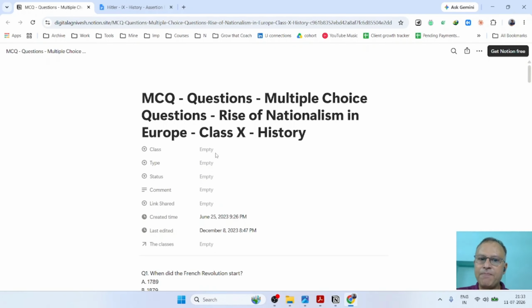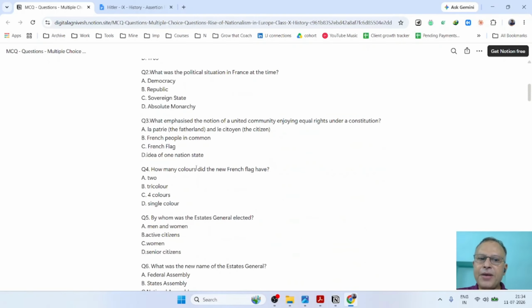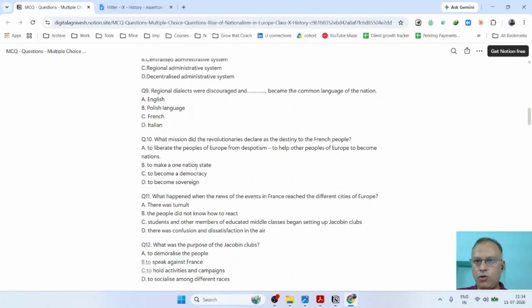Here is one example. It was from last year's class 10, Rise of Nationalism in Europe, class 10 history. I prepared the MCQs like this. I have a treasure trove of MCQs of each chapter. Let's see what the decision of the CBSE board will be if they give such MCQs in their questions.